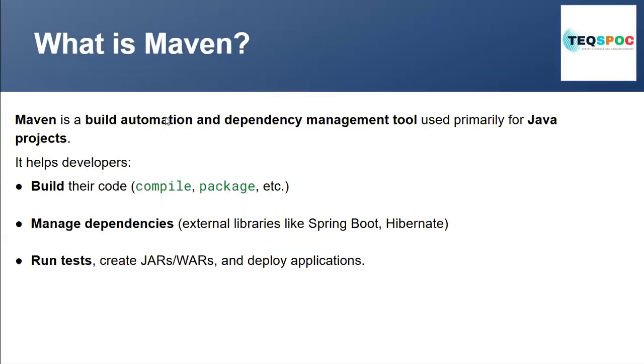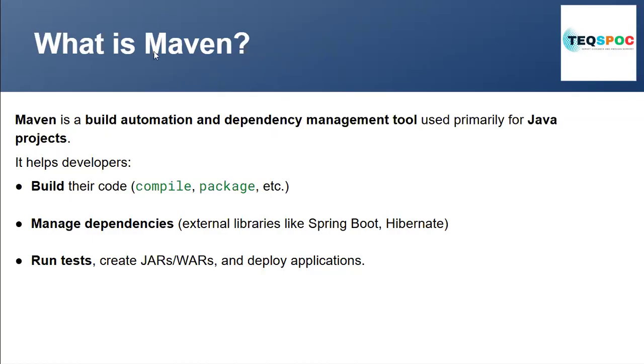First, let us see what Maven is. We have currently created a Maven project. Maven is a build automation and dependency management tool used primarily for Java projects. We add the dependencies with the help of Maven and they will automatically be added.